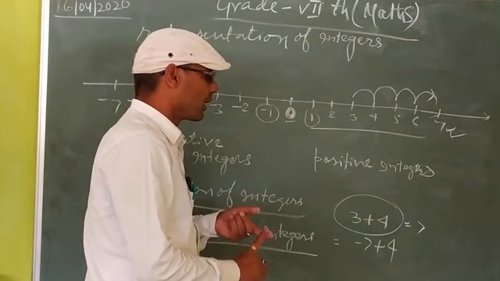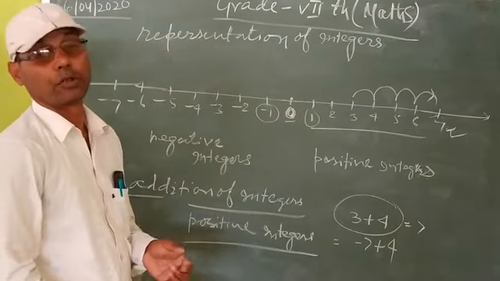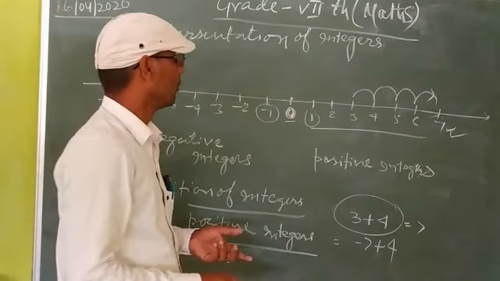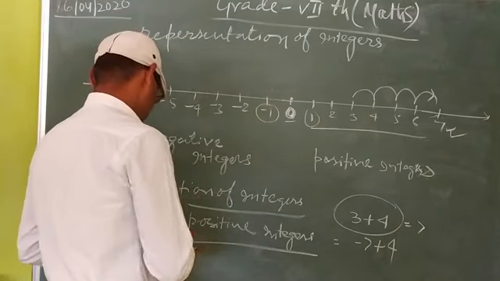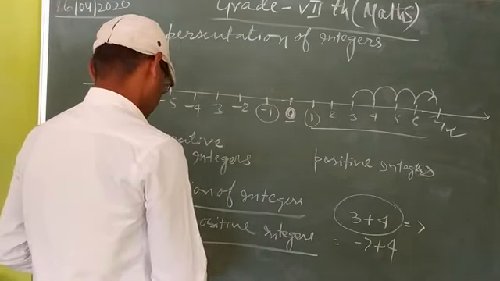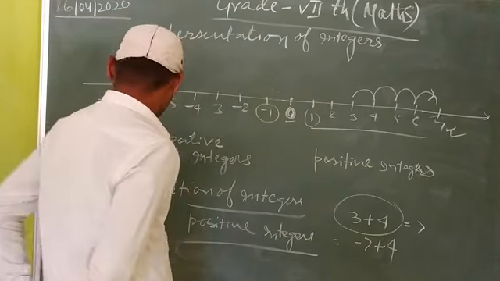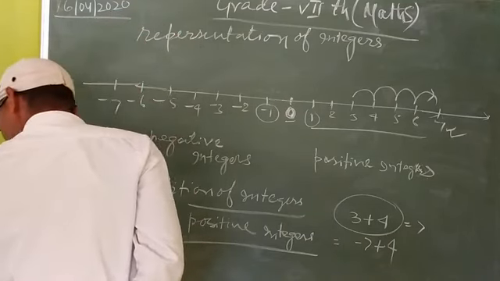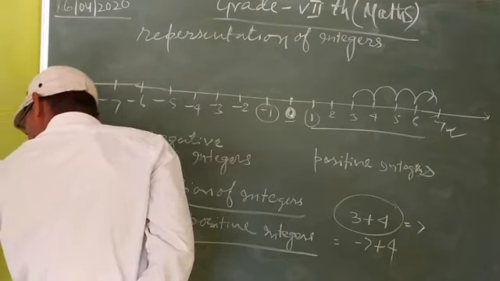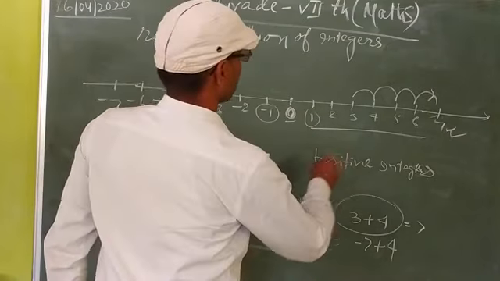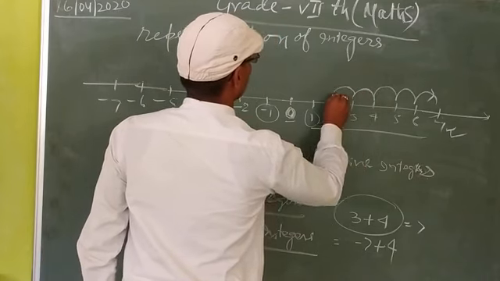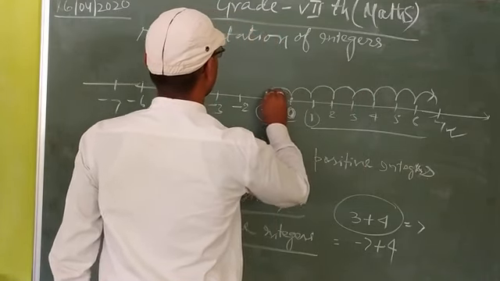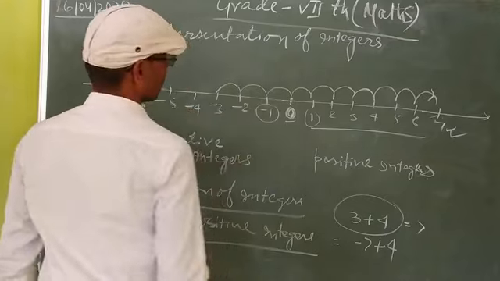Now if one is negative and one is positive, then what will it be? We have to try to understand the fact, okay? Look here: 1, 2, 3, 4, 5, 6, 7.